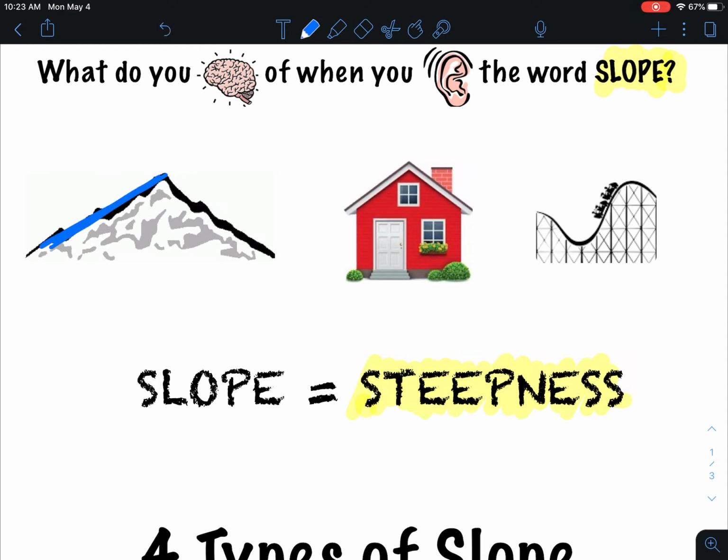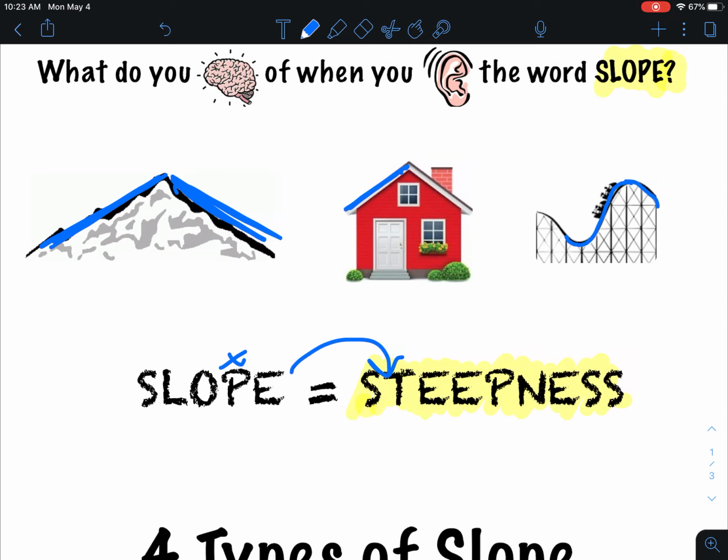How steep a mountain is? Do you think of a roof and how steep a roof is? Or maybe you even think of a roller coaster. If you're on a roller coaster and you're going to go up a big hill, and then how steep is that drop? And basically that's what slope is. Slope is steepness, how steep a line is.